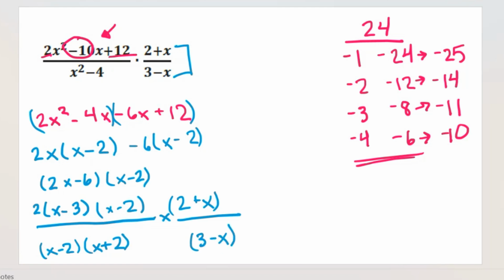Now I look for pieces that match up. 2 plus x is the same thing as x plus 2. X minus 2 is the same thing as x minus 2. Now, if I look at x minus 3 and 3 minus x, I want to think, is there a way to make them look the same?